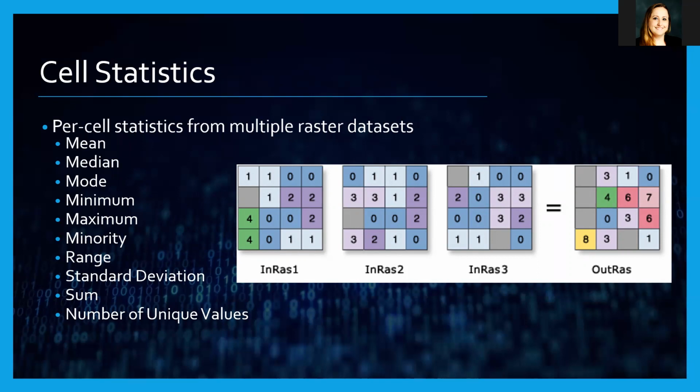In the image on the slide, there are three raster datasets being added together. And in this particular example, it is excluding any null values. So the null values are the gray areas that don't have any value. The second cell has a value of 3, which is right here.